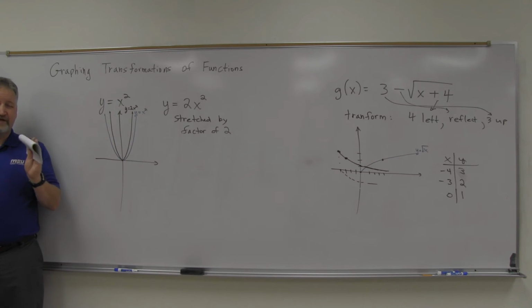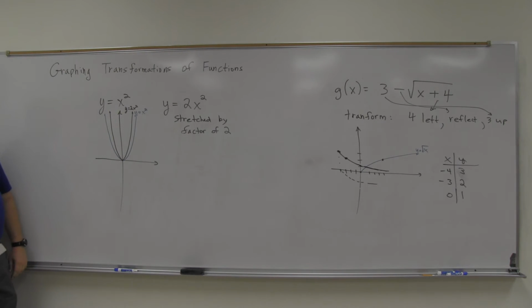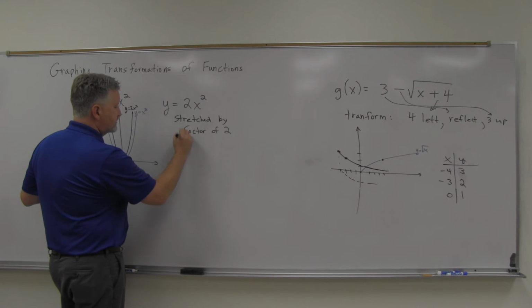Now, that can be a little misleading because it won't always make it narrower. And that's why they like the stretching term better, stretch by a factor of 2. In this particular case, it made it narrower.